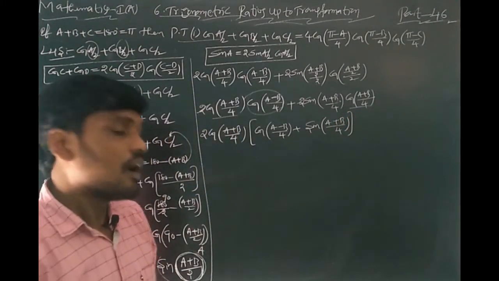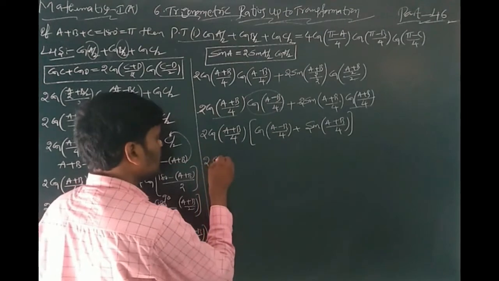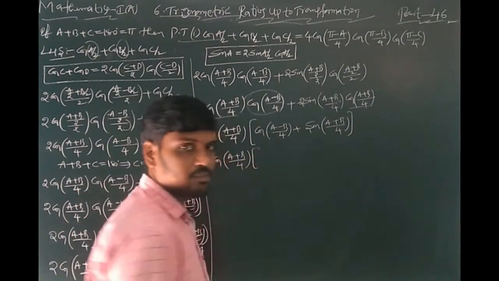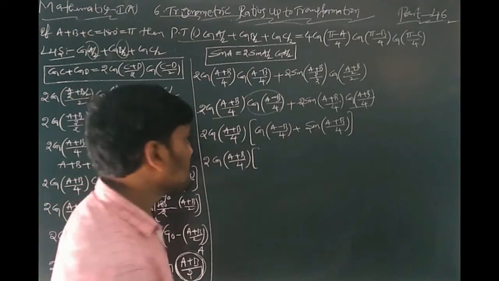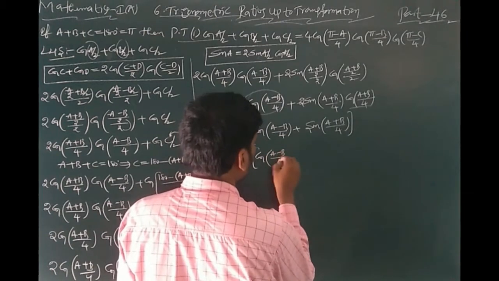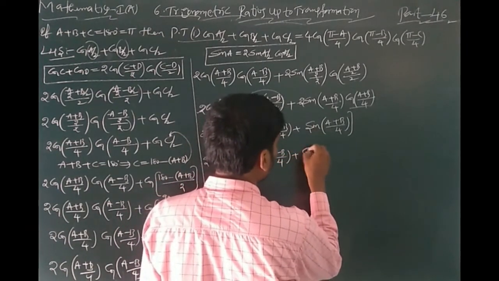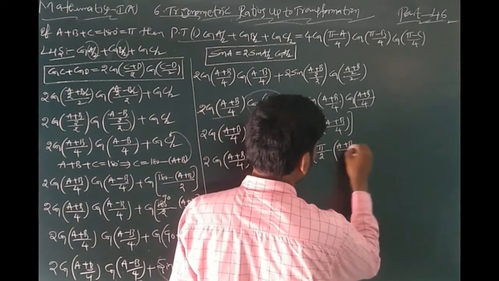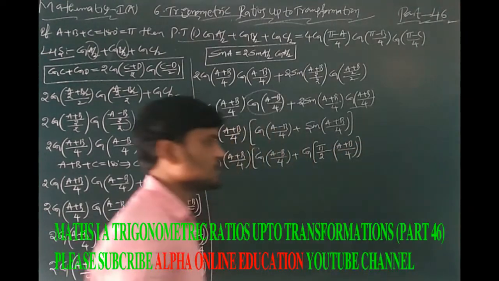Understood or not, students? After that, we can write 2 cos of a plus b by 4, value is same. After that, cos of a minus b by 4 plus this sin as cos of 90 minus of a plus b by 4. That is correct or not? Check, students.